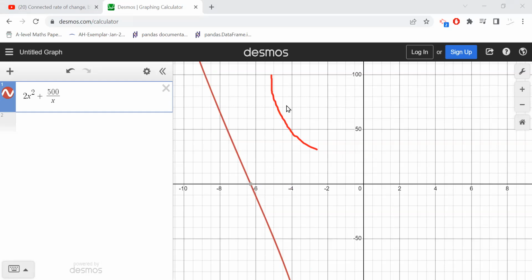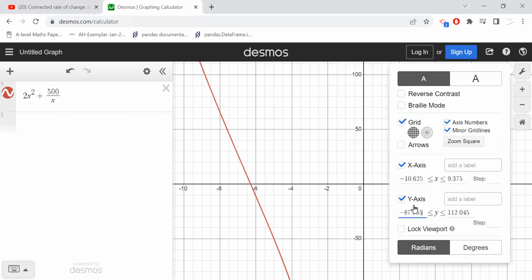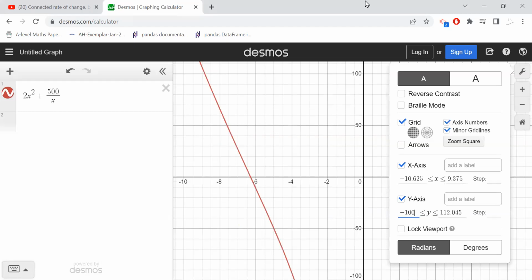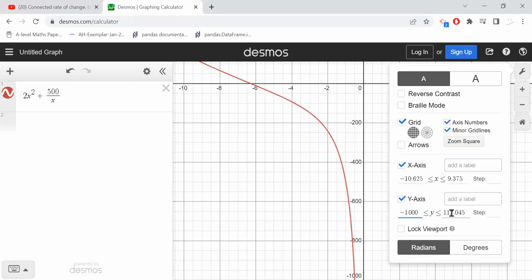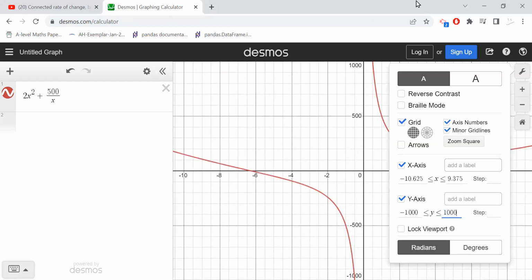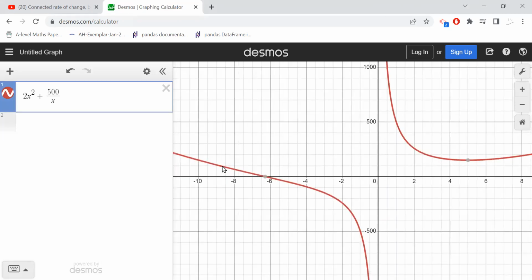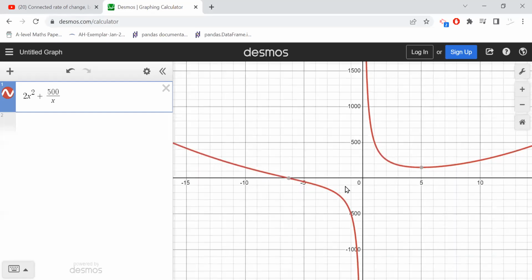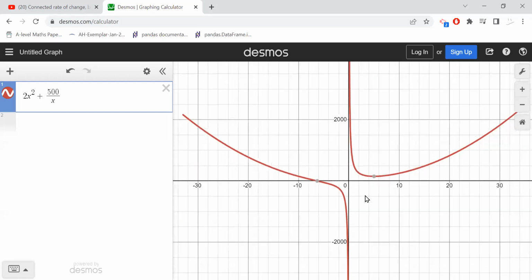I'm drawing very badly. Let me change the scale so it's more obvious. Negative 1,000, positive 1,000. Can you see? Oh wait, sorry, I might be doing this wrong. Maybe I'm thinking too much.